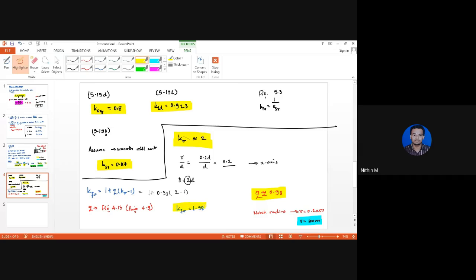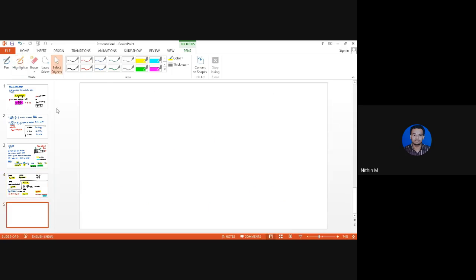Right? Now, based on these values, the starred equation can be written as: K of sigma, 1.98, multiplied by sigma a, the stress amplitude, divided by the modified endurance limit.